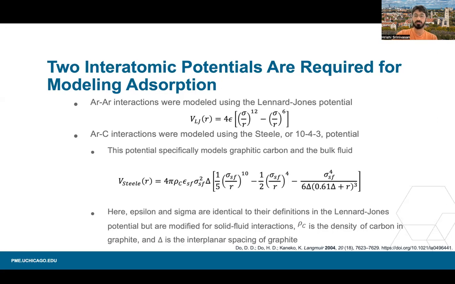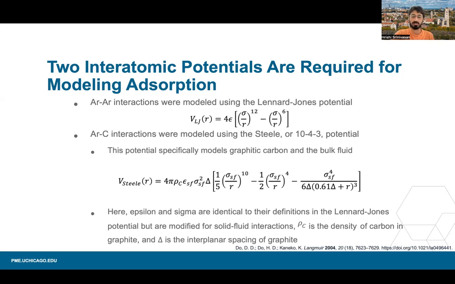Here it's visually similar to the Lennard-Jones potential with a few changes. In front of the brackets we have rho C, the density of carbon. Instead of pure argon-argon parameters, we have solid-fluid parameters, epsilon SF and sigma SF, which are found using mixing formulas that I'll go into more in my report.